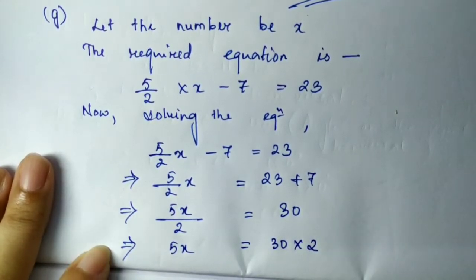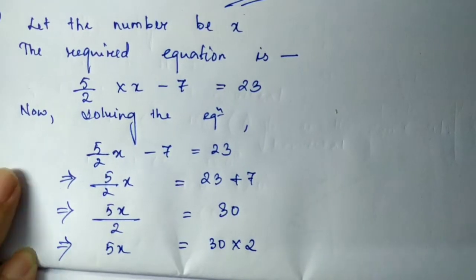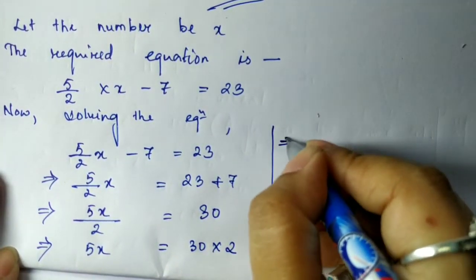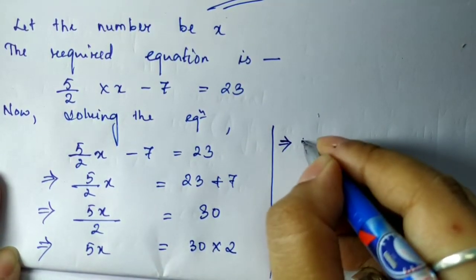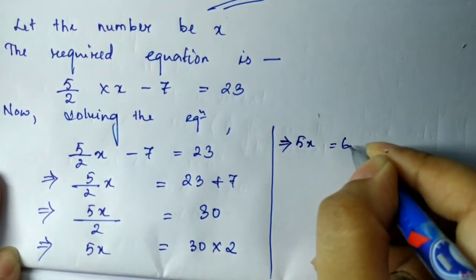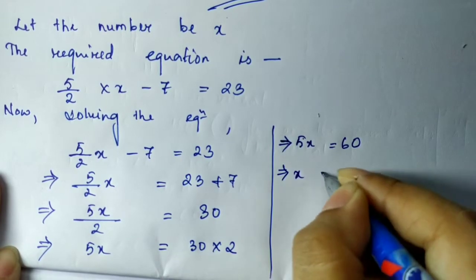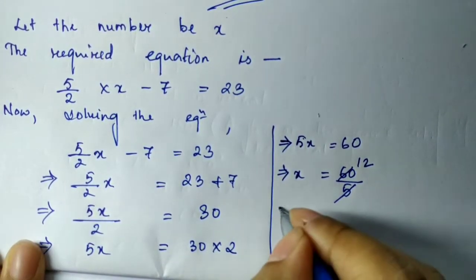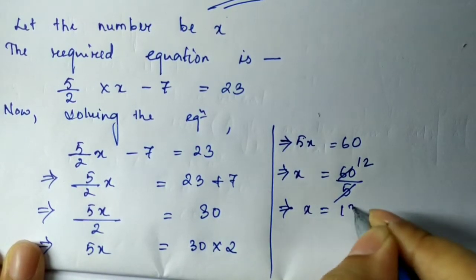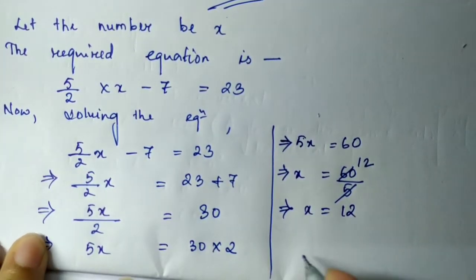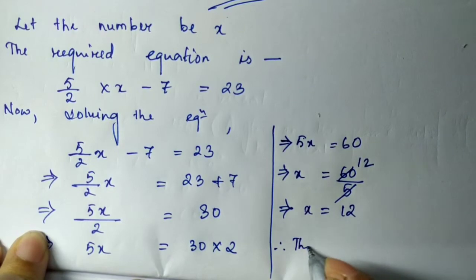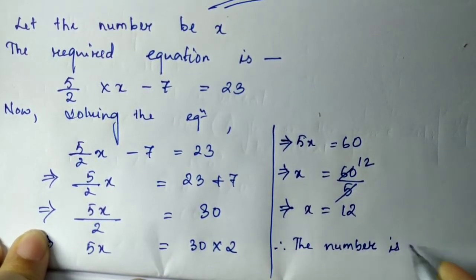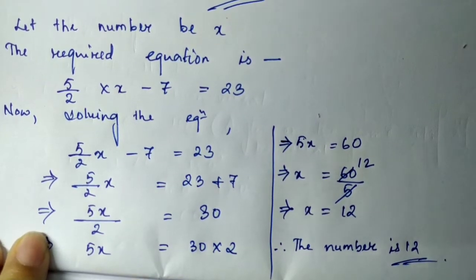This implies 5x is equal to 60. This implies x is equal to 60 divided by 5. Cancel it and you get 12. This implies x is equal to 12. And what was x? The number. So I can write, therefore the number is 12, and hence I get the solution.